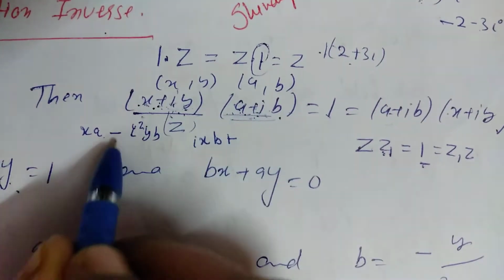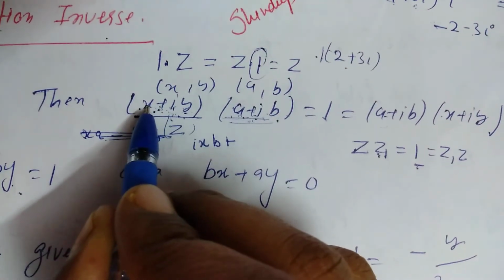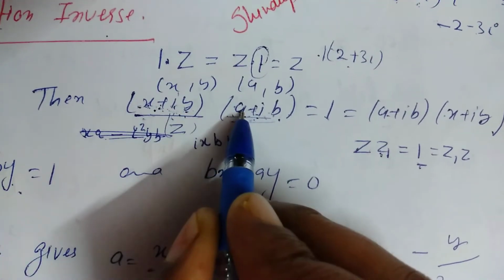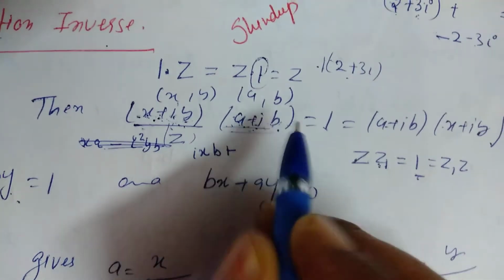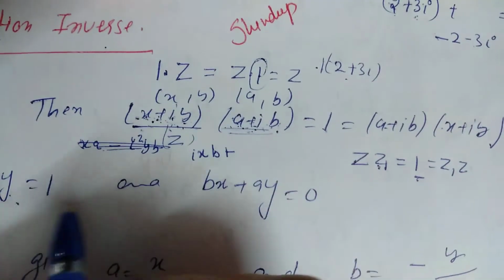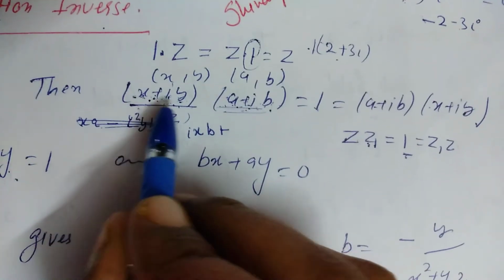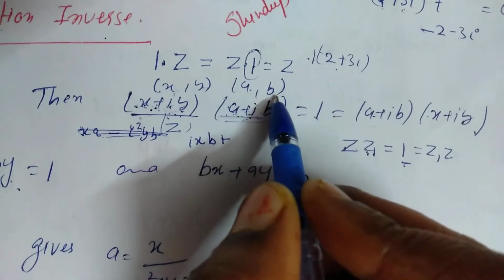For direct multiplication, if we are directly multiplying, then we must have ax, a into iota y, and iota y into iota b. And if we want to apply the rule, we have to perform the rule, then we must write x plus iota y as an ordered pair, x comma y and a comma b.